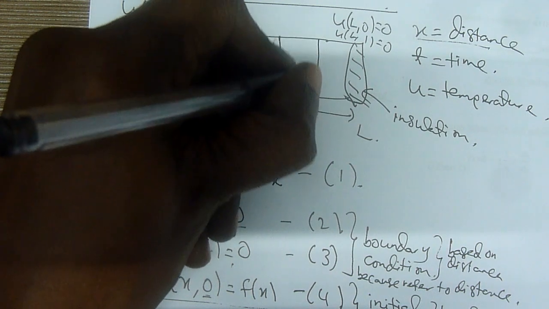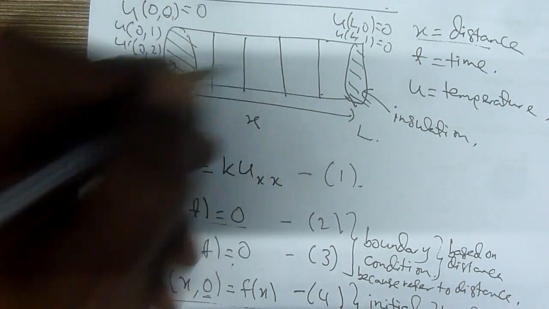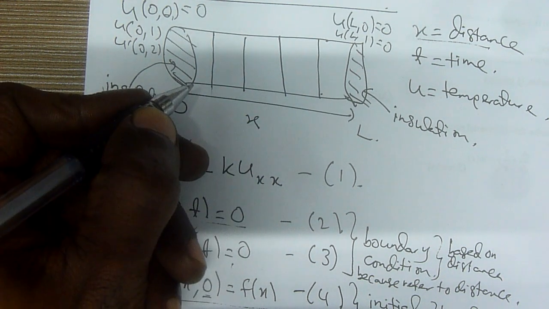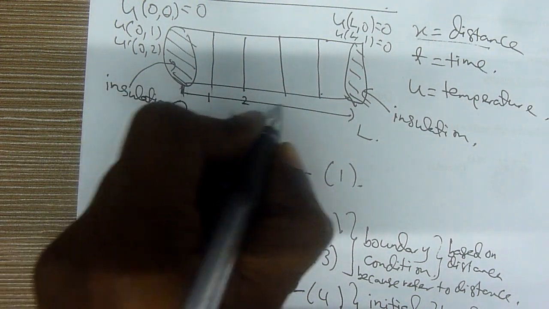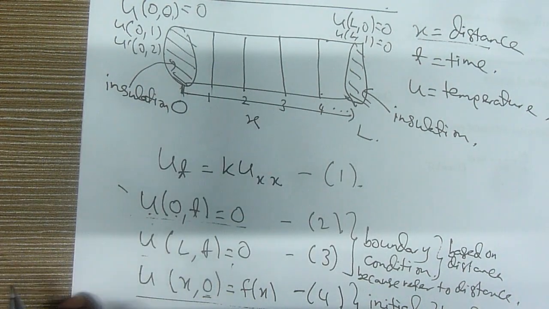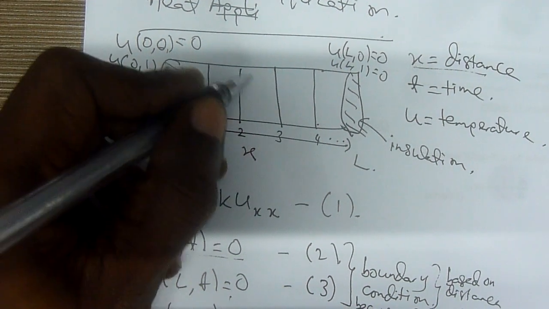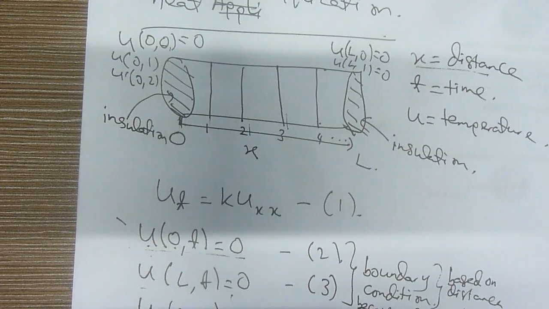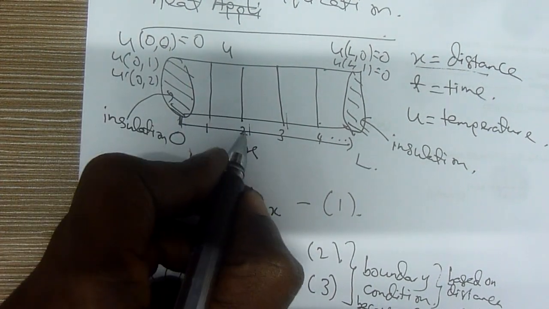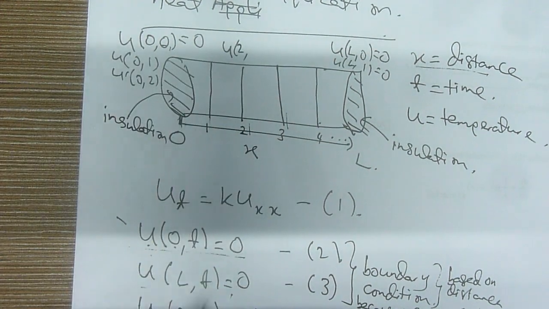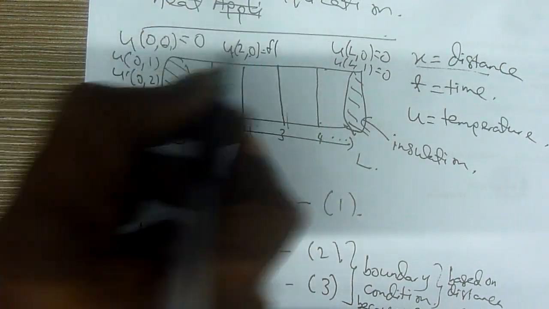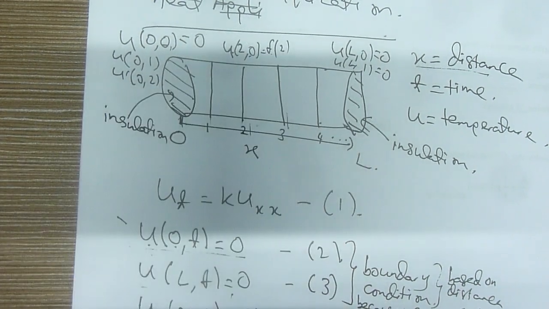We use a kind of coordinate system here. I call it here 1, I call it here 2, I call it here 3, I call it here 4, and so on. That means I make it a segment here. Inside the segment, this is a 2, right? In this segment, if I place x equals 2, the initial condition will be controlled by f(2).